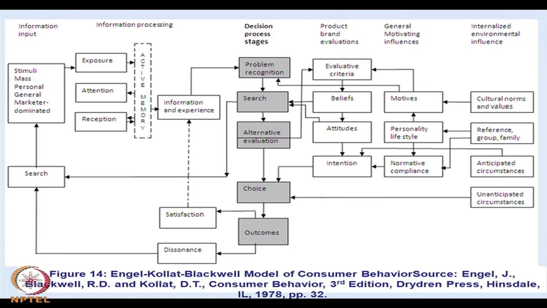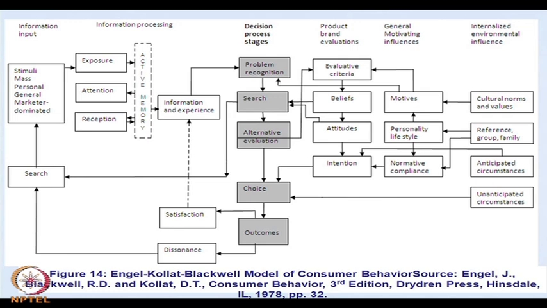So, we have the various environmental influences, the individual influences and the social influences which directly or indirectly influence each of the stages of the decision process. If you see the environmental influences in the form of culture, values or anticipated, unanticipated influences.